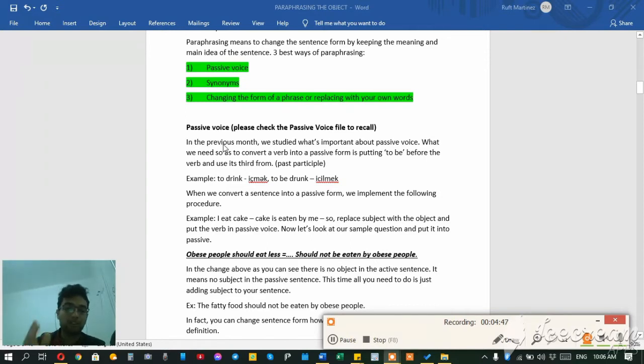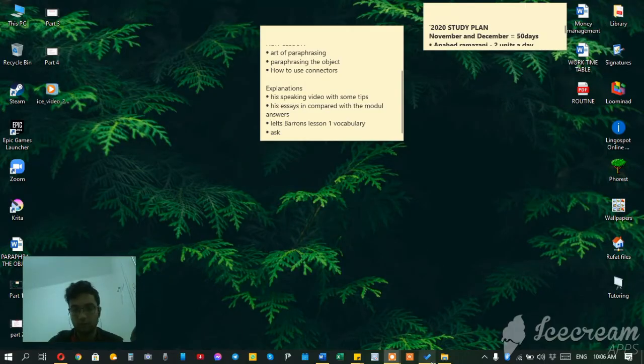Voice. Please check that passive voice file to recall what the forms of passive voice are, how we use passive voice, and which tense forms we have.